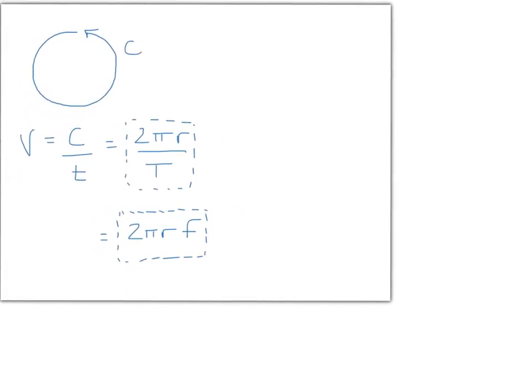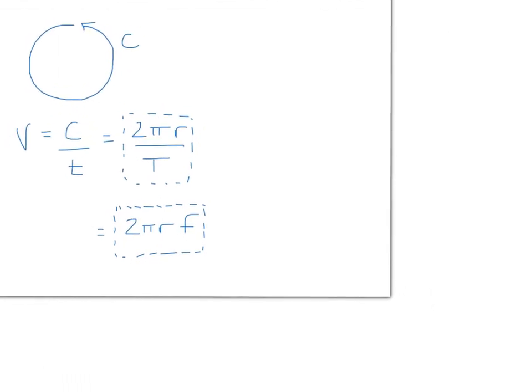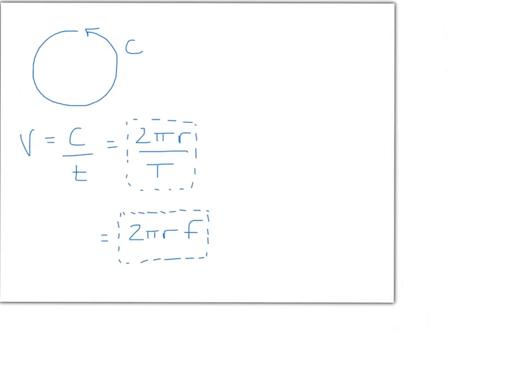Okay, so let's turn this into equations for centripetal acceleration. Centripetal acceleration is v squared over r, right? So with this right here, we can say, let's take that v and stick that in the v squared.